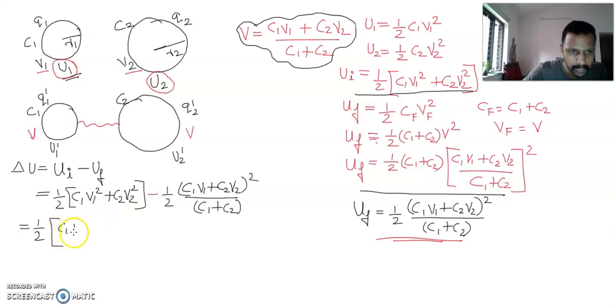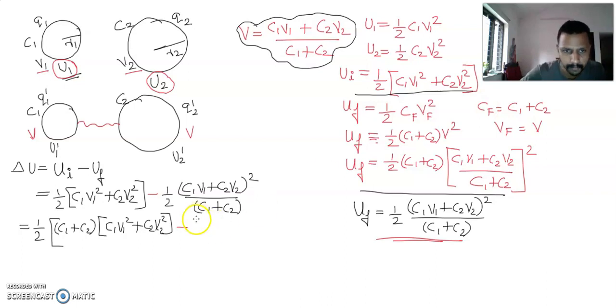Therefore (C1 plus C2) into this term, that is (C1 V1 square plus C2 V2 square). Then this minus is retained as minus itself.